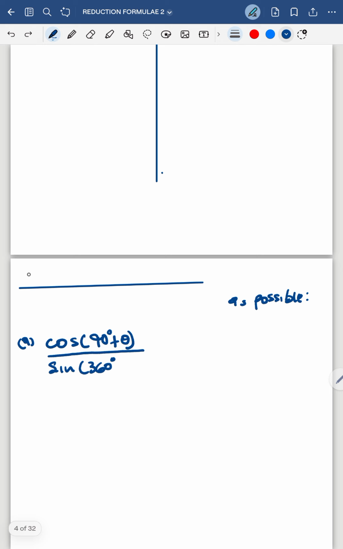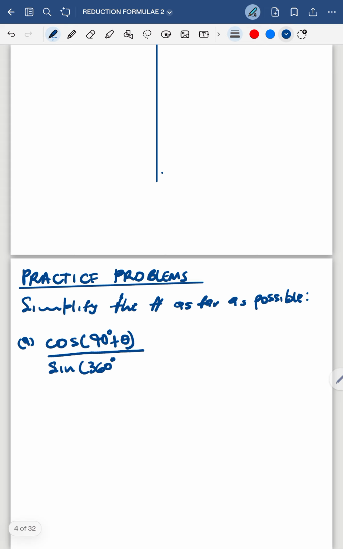Okay, so practice problems. Let's write again here. Practice problems. Simplify the following as far as possible. So now you have your sine 360 degrees minus theta here.